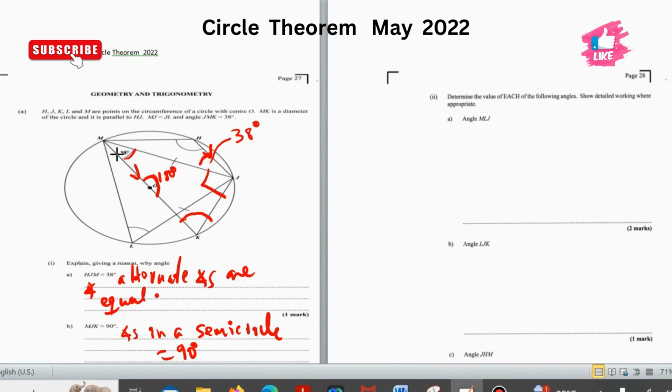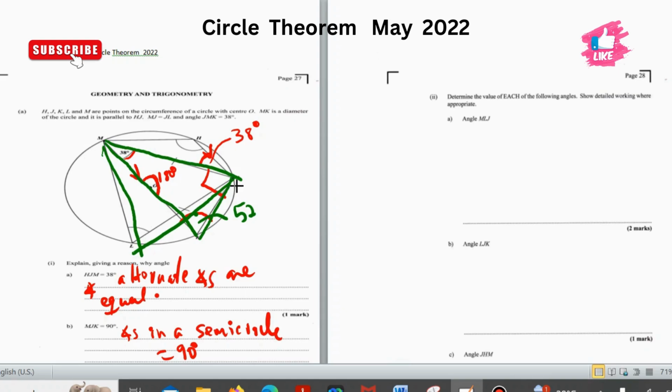Here we have a chord. This line here is a chord, and on that chord, there are two angles that come off that chord. So we have this angle here, which is M. This one we had said was equal to 52. And here we have another angle coming off the same chord MG.